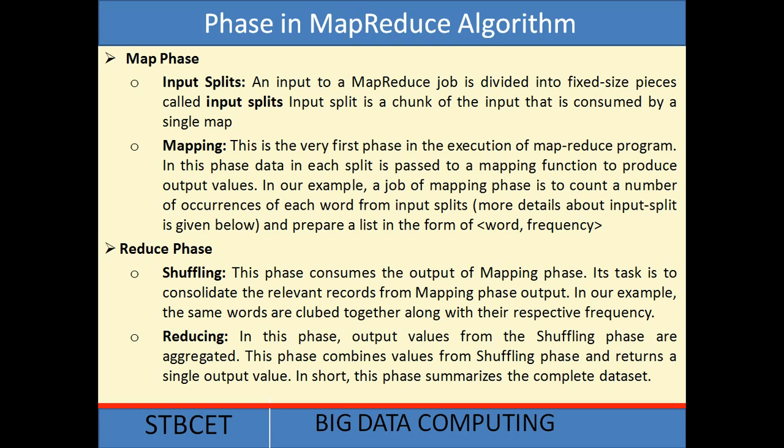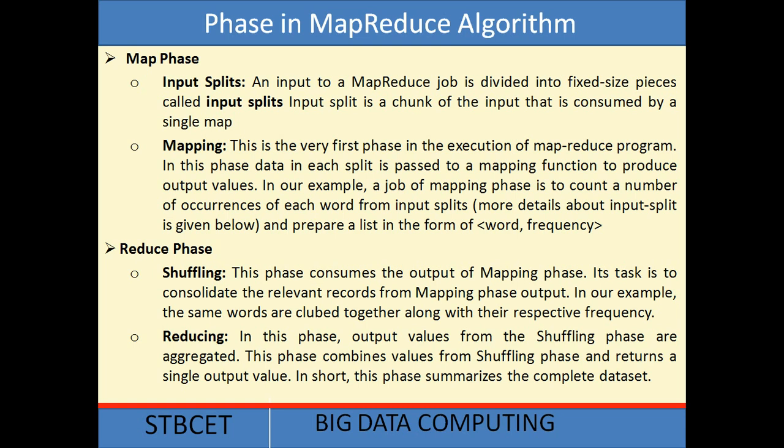Mapping is the first function of this MapReduce algorithm. This mapping function is used to calculate the occurrences in the given data, that means in the split data only. The output of this mapping function, the intermediate result, will be passed to the reduce phase. In the reduce phase, the shuffling phase will shuffle, or club, all the similar outputs or similar occurrences into one.